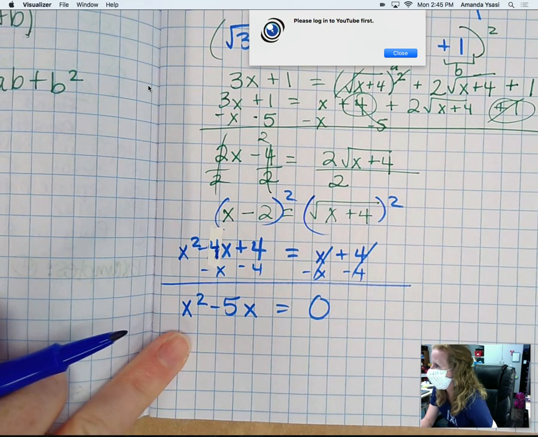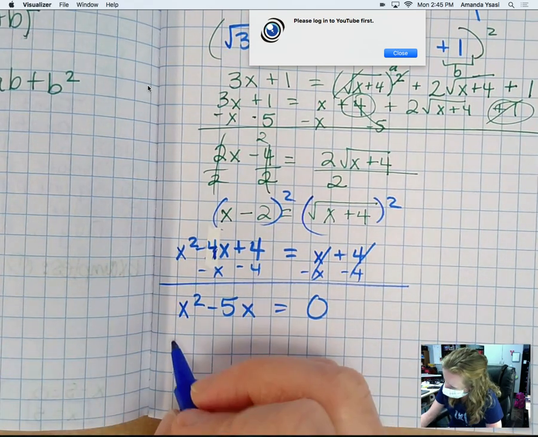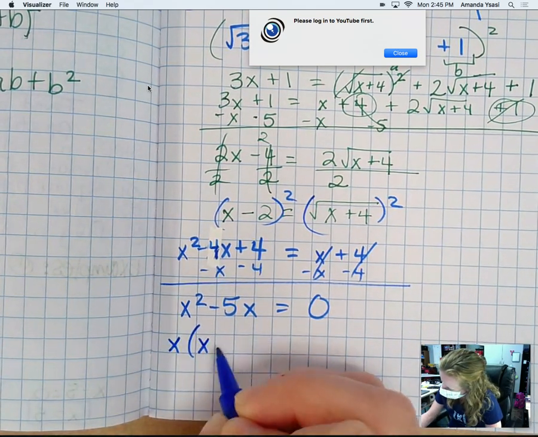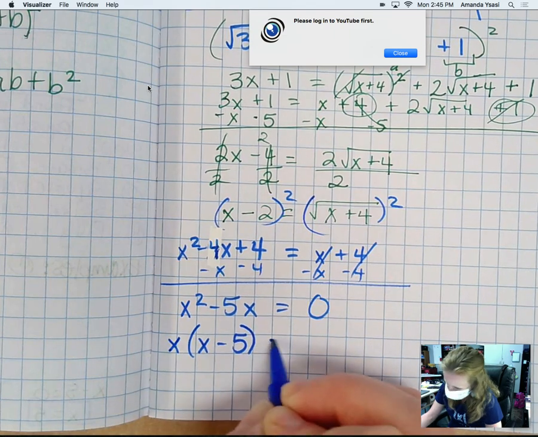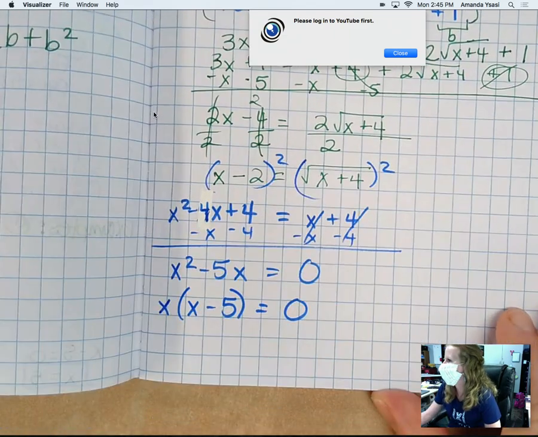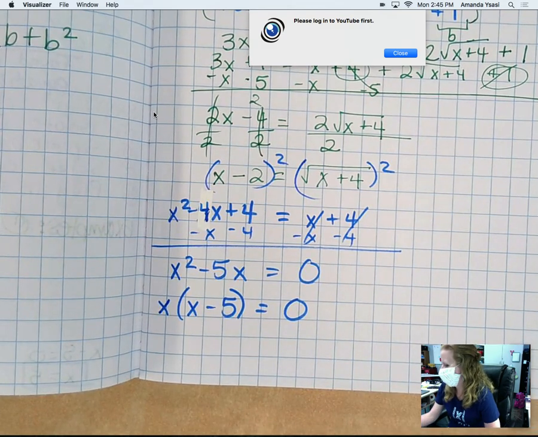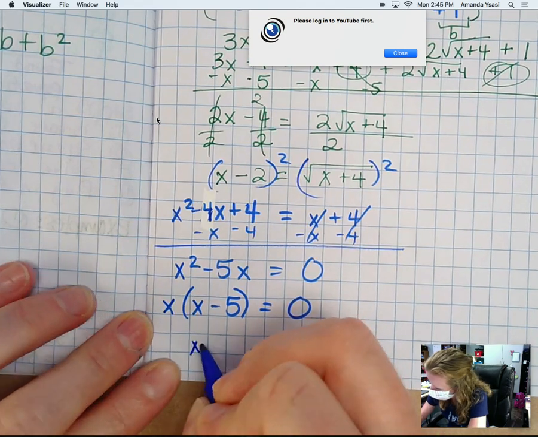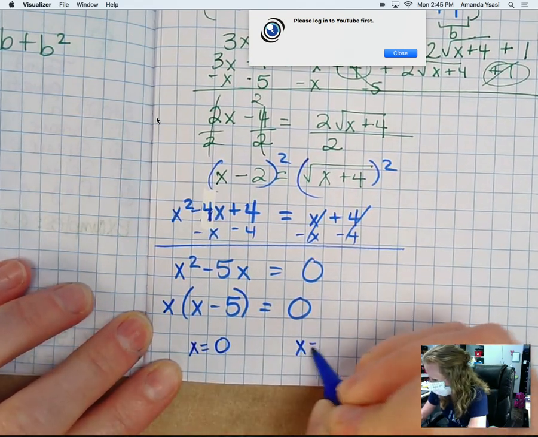So now I need to factor. I can factor an x out of both sides. So then our two solutions would be x = 0 and x = positive 5.